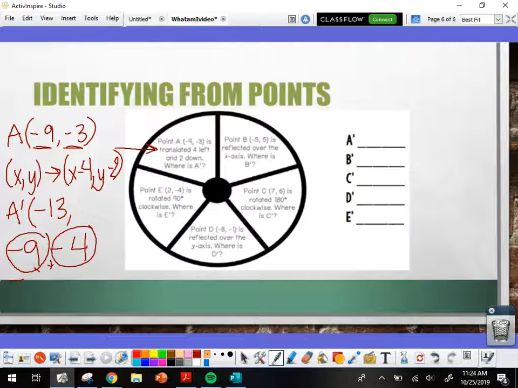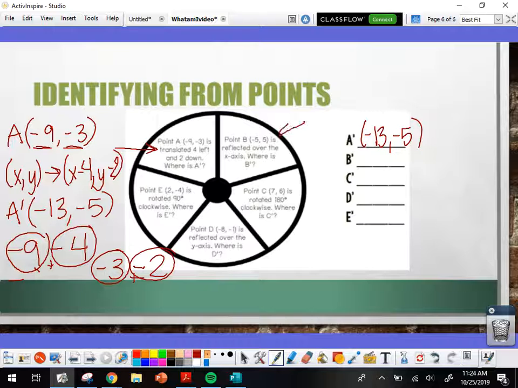And then I have -3 minus 2. Again, I have a -3 and a -2. I combine those two. -3 minus 2 is -5. So that's going to be my coordinate for A prime: (-13, -5). Point B, (-5, 5), is reflected over the x-axis.